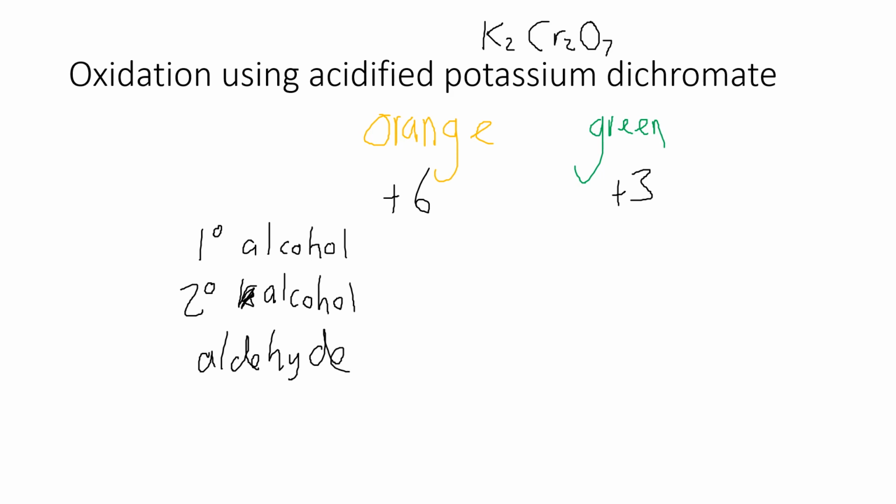These would all give this orange to green colour change. But what we could do is rule out, for instance, a ketone, because a ketone is already fully oxidized, can't be oxidized further. You could rule out a carboxylic acid; that would already be fully oxidized. You could rule out a tertiary alcohol as well. It's impossible to oxidize a tertiary alcohol.